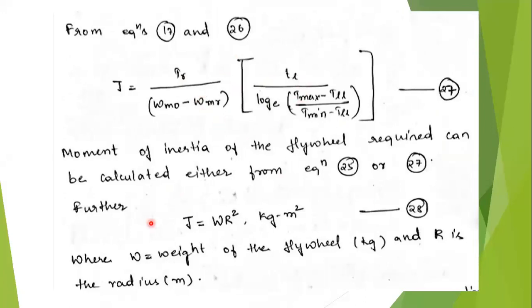We know that J is equal to omega R square, and the units are kg per meter square. So we can use this formula for J. The 25th and 27th equations can be used for calculation of J, where W is the weight of the flywheel in kgs and R is the radius in meters, so the total units become kg per meter square.